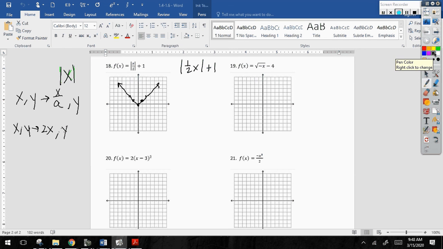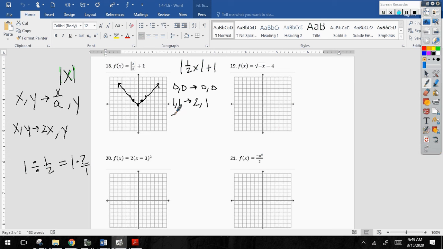So I had 0, 0. That stays 0, 0. But my 1, 1 becomes 2, 1 because I need to multiply it. If I took 1 divided by a half, that is the same thing as 1 times 2 over 1, which is 2.